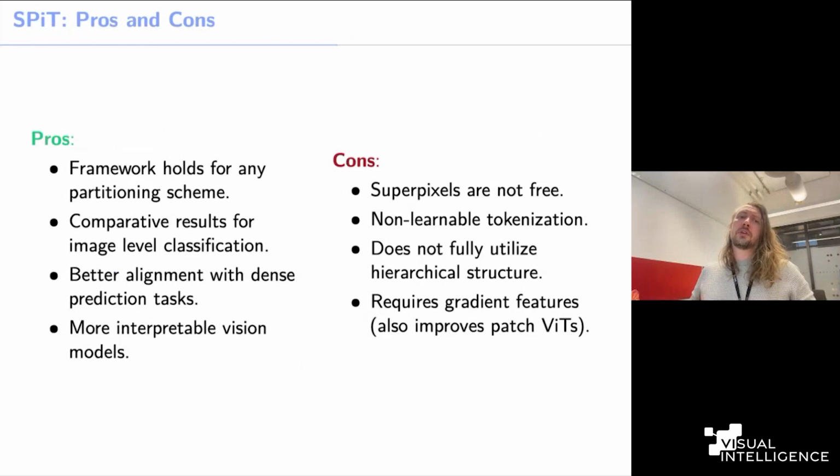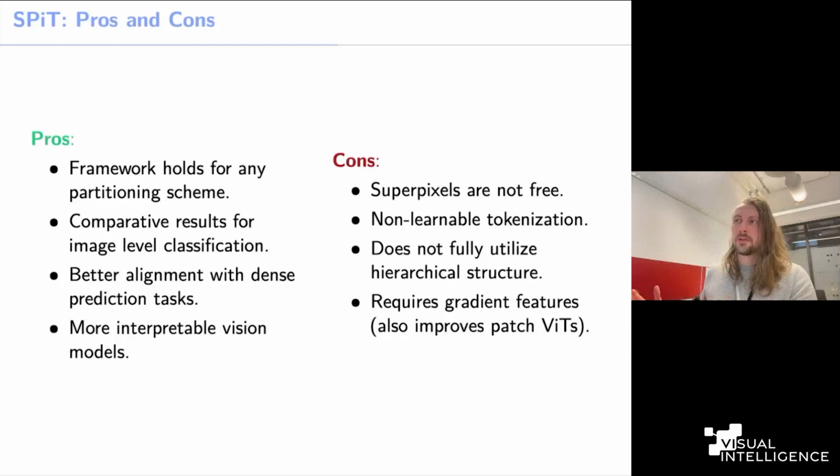Okay, so for superpixel tokenized transformers, what are the pros and cons? Well, some of the really beneficial things from this construction is that our framework holds for any partitioning scheme. You can decide on some way of partitioning the image, and the model will be able to work with that, and you can get something that works as well as a vision transformer.